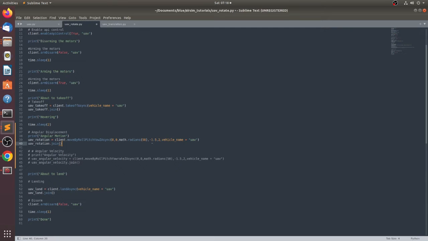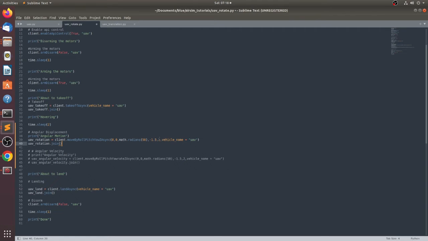You could also see that AirSim uses the NED coordinate system. That is the reason why a negative number means you're actually having an altitude of a certain height. If you give a positive number, you're going to the ground. So it's an NED coordinate system, so be aware of that.